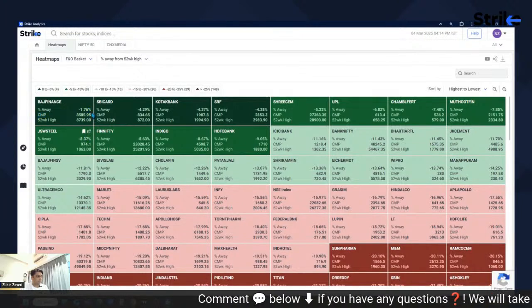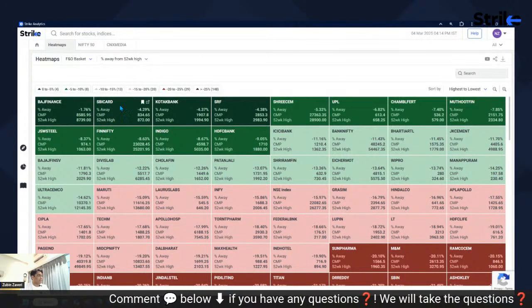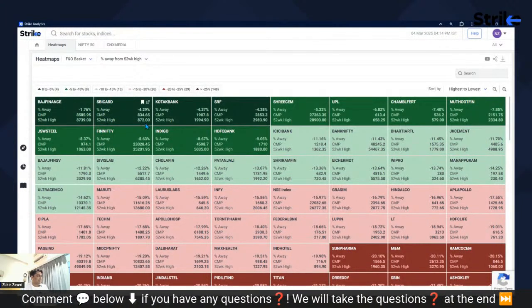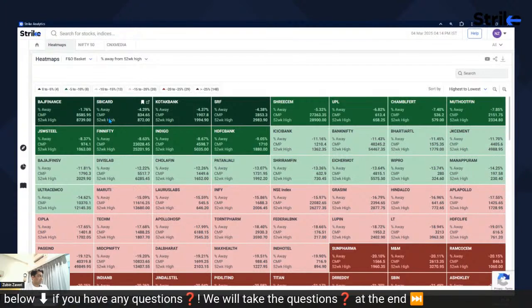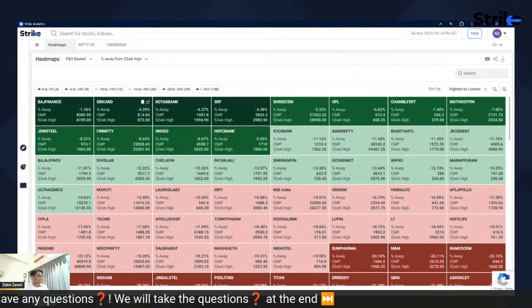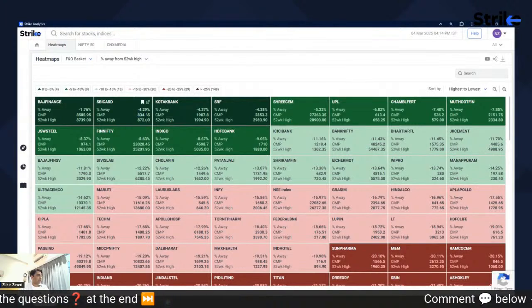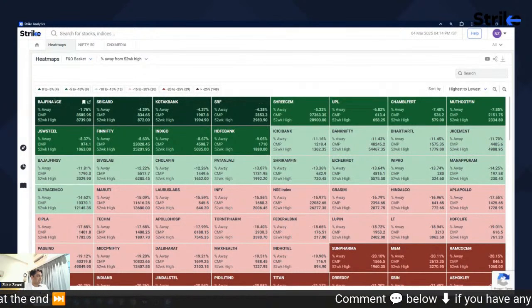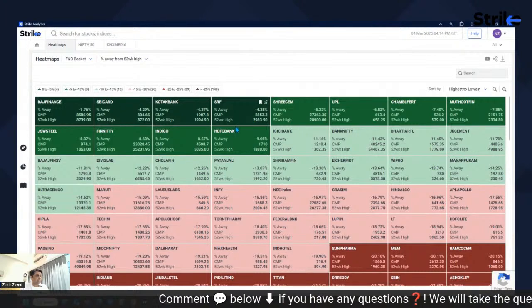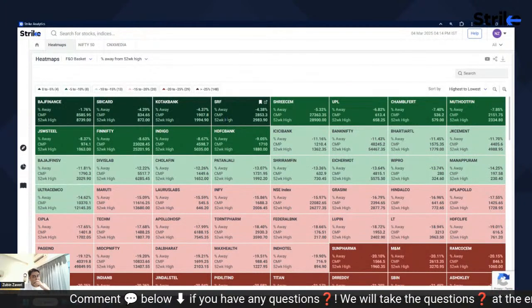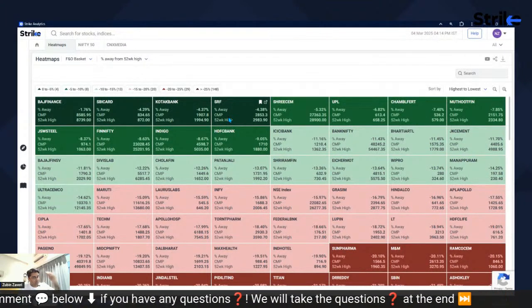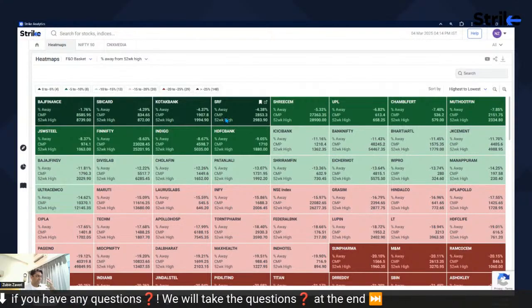Are you with me or not? SBI Card, its 52-week high was 872, and the current market price is 4% below, down at 834. So these dark green stocks are the stocks which are very, very near their 52-week high.